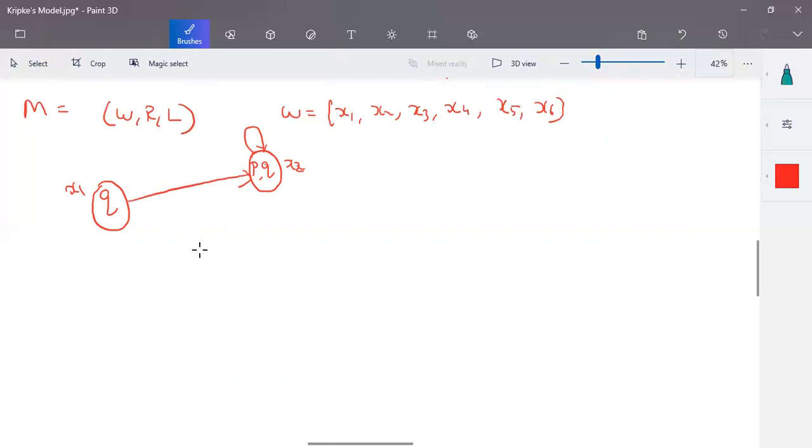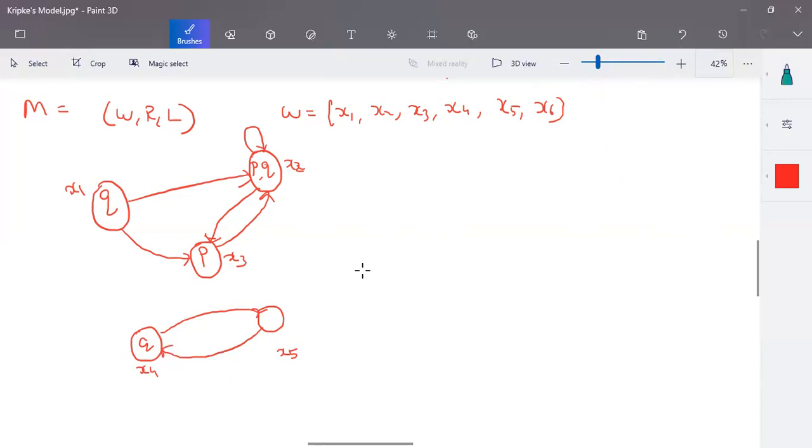I have a connection here. This is X3. I have this X4, X5, X6. Okay, so this is my model.